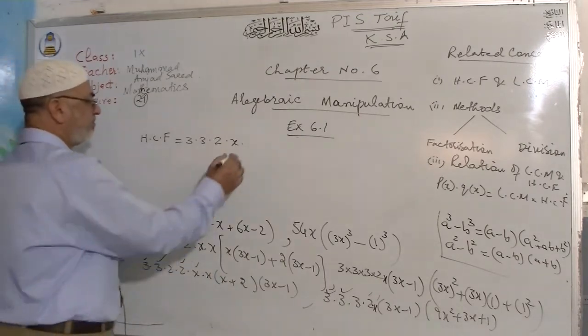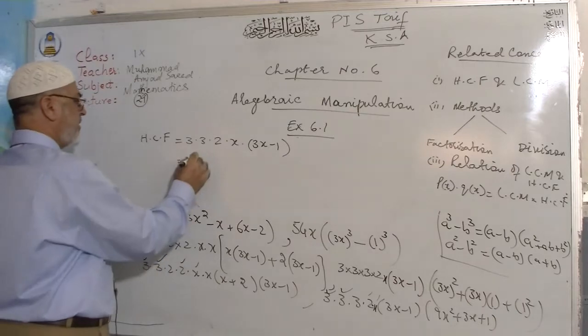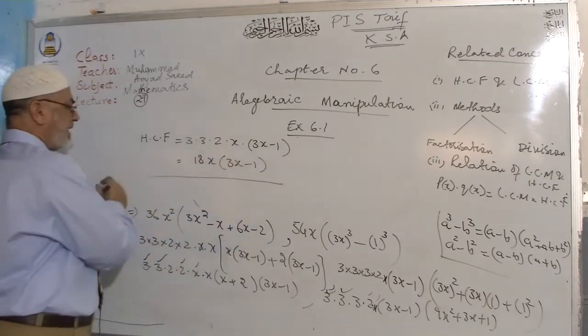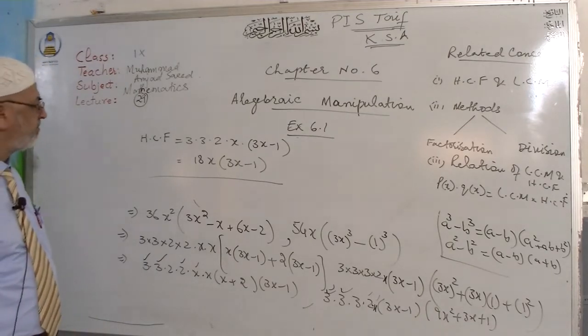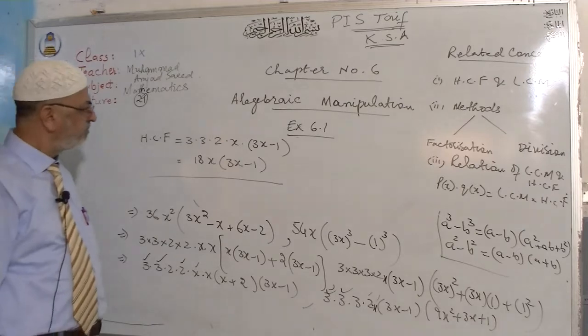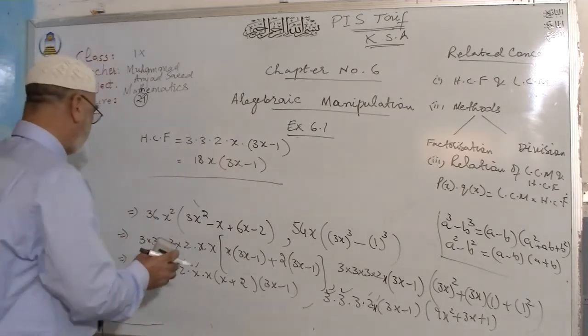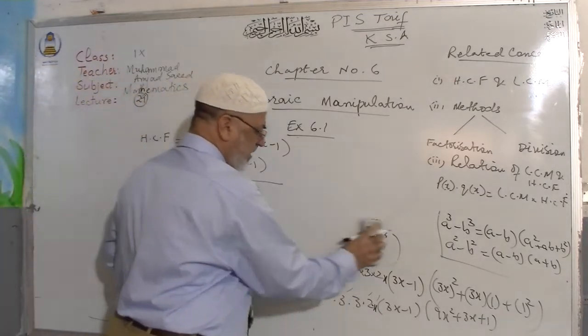This is common. It will be 18x into 3x minus 1. That is your HCF of this question. So this is the way you would find your HCF by factorization method.